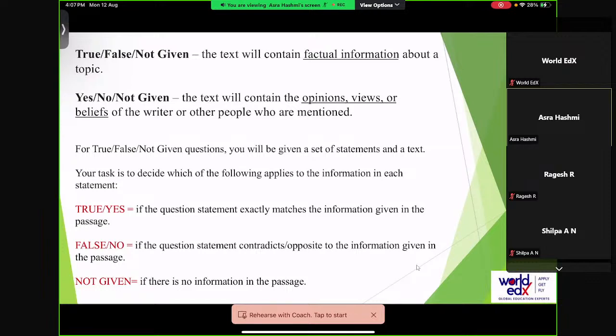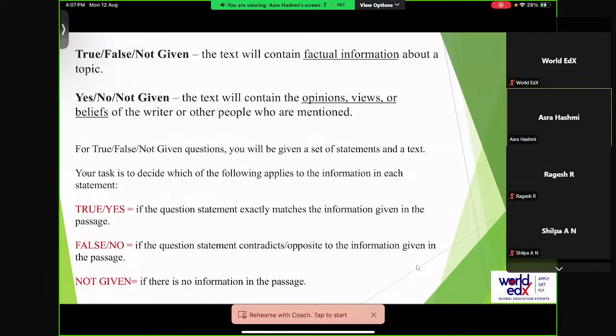In this case also, it is going to be a false statement. And if the passage says come on Monday at 4 sharp, and the question says come on Monday anytime after 4, again it is completely opposite to what I mean. At sharp and anytime after mean two different things, and hence in this case also it is going to be a false statement.